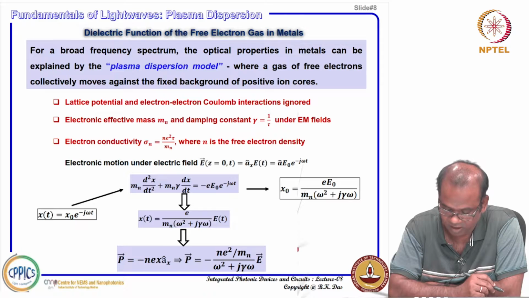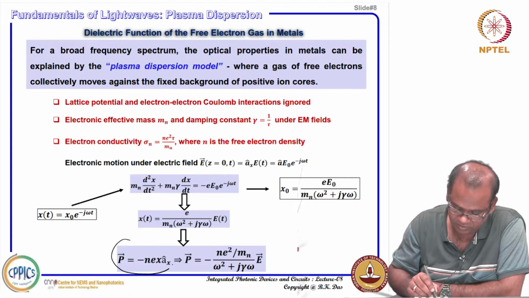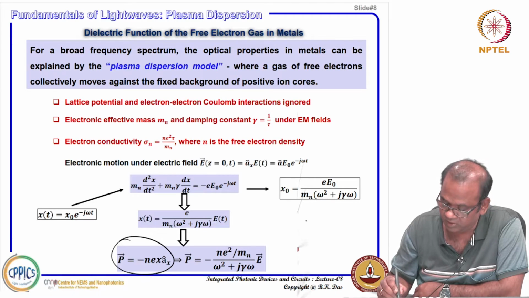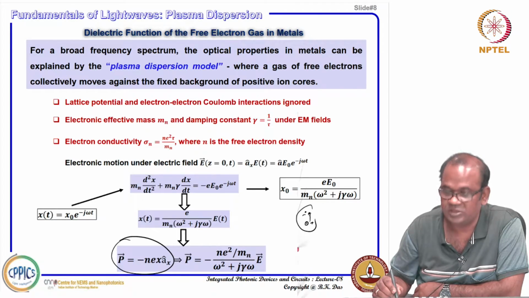Fine. Now, what is this? Suppose a positive ion core is there and an electron is moving in a certain direction, the x direction. This is the electron position here, so this is plus, this is minus, and an x displacement is there. In that case it is a dipole.